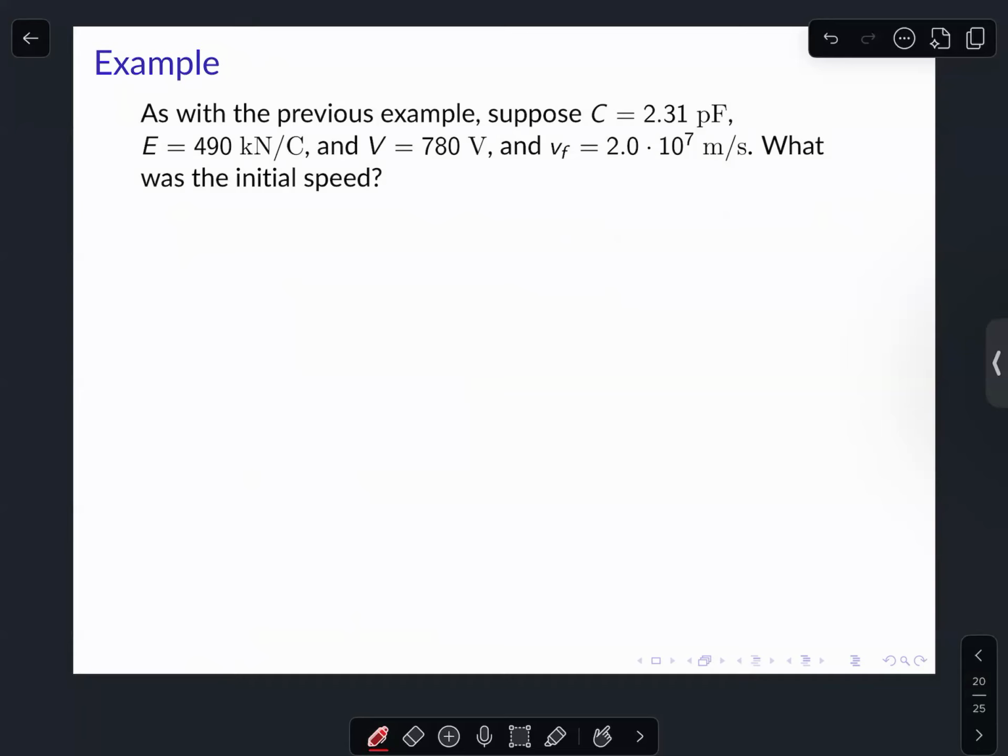Oh, I need to give you constants, don't I? The charge of an electron is 1.6 times 10 to the negative 19.